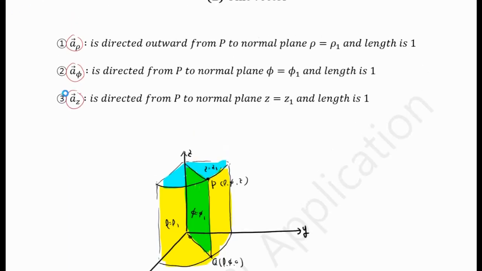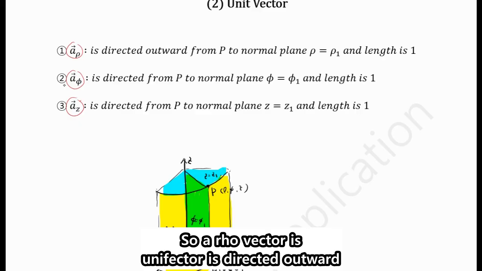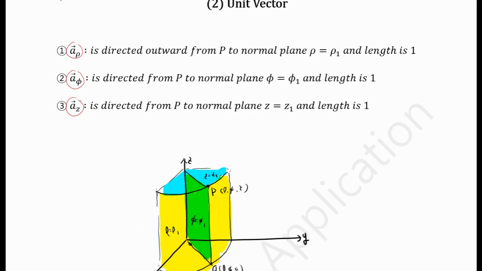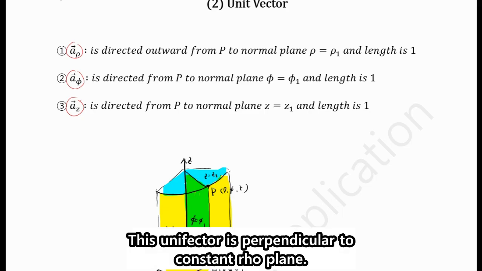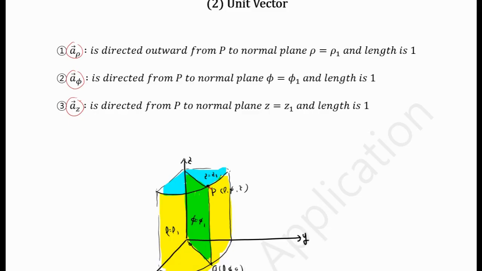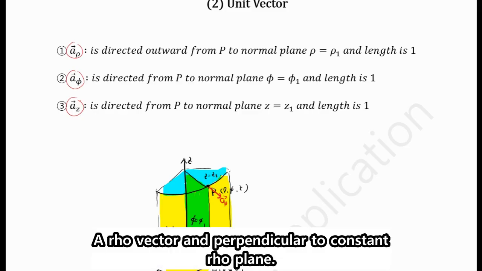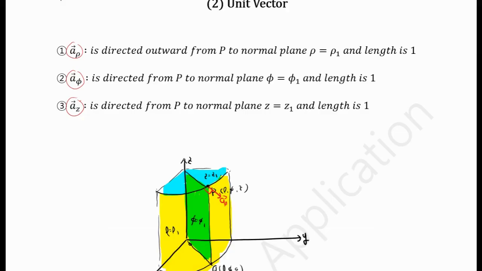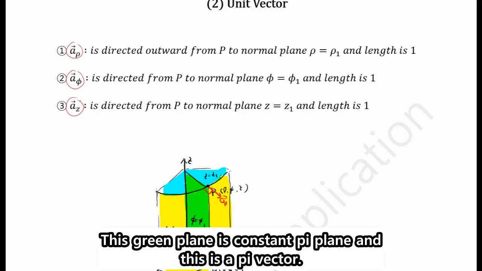So the a rho unit vector is directed outward from P. It is normal to the constant rho plane. This unit vector is perpendicular to the constant rho plane. And the a phi unit vector is directed from P normal to the constant phi plane. This green plane is the constant phi plane, and this is the a phi vector.